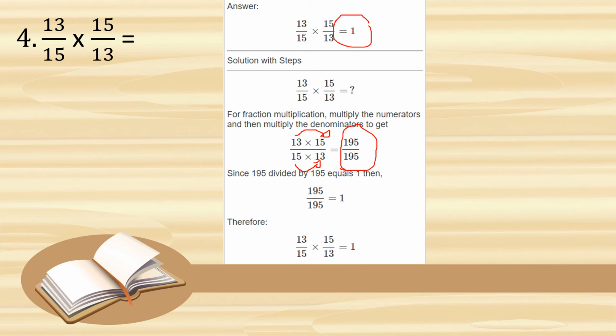And if we're going to divide or simplify that, the answer will be 1. That's why the answer is 1. Therefore, 13 over 15 times 15 over 13 is equal to 1. Okay, class?